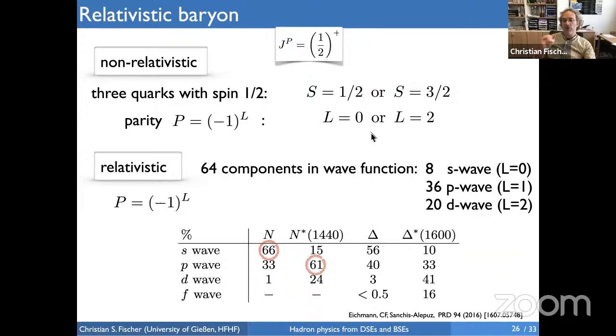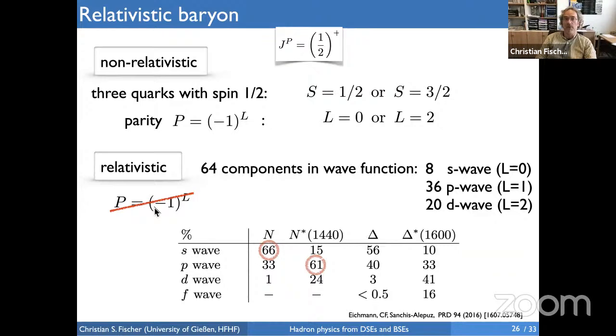And these are the only 2 contributions, because this S-wave and this D-wave contribution need to be even, because parity is connected to L in a one-to-one relation, right? In order to get positive parity, L has to be either 0 or 2. In the relativistic framework, this is no longer true. L is not a conserved quantum number. Only J is conserved.